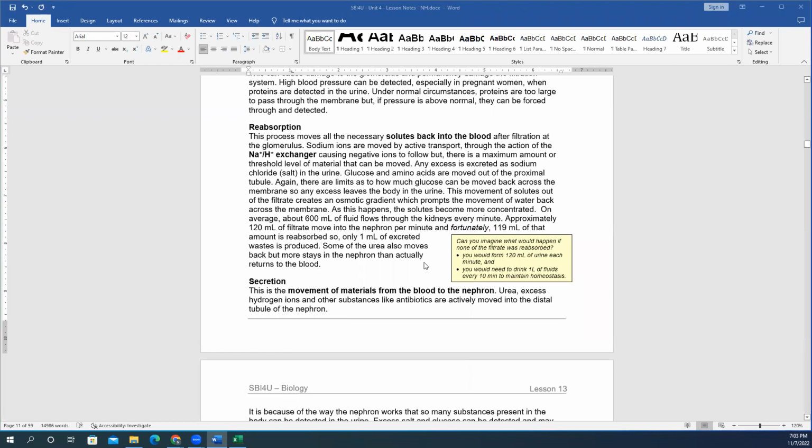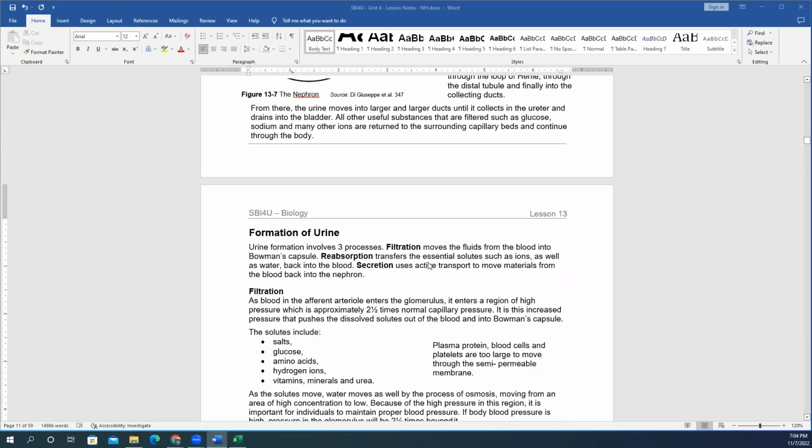Then the final step in creation of urine is the secretion step. And this is the actual movement of the material from the blood to the nephron. So urea and excess hydrogen ions and other substances that we might have, such as medications like antibiotics, get actively moved into the distal tubule of the nephron.